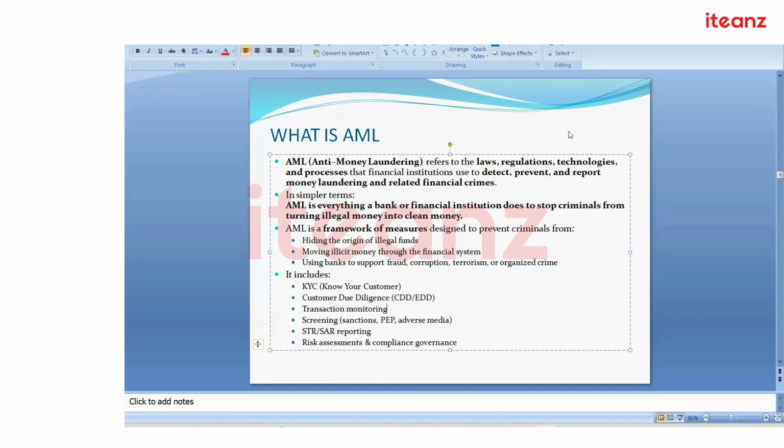Sir, what does adverse media mean? Adverse media can be something like YouTubers or people who are working in some kind of activities which are not in the genuine stream.